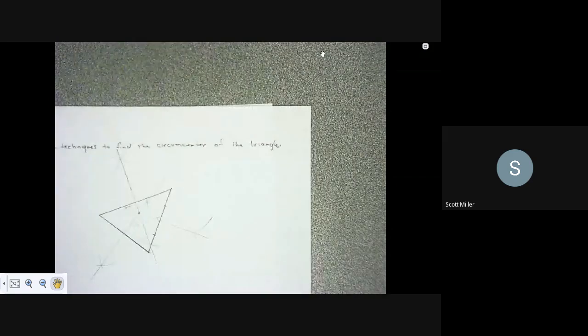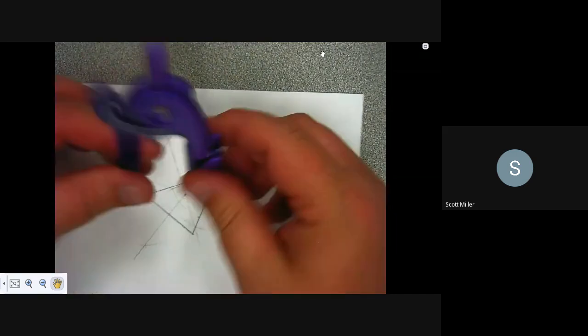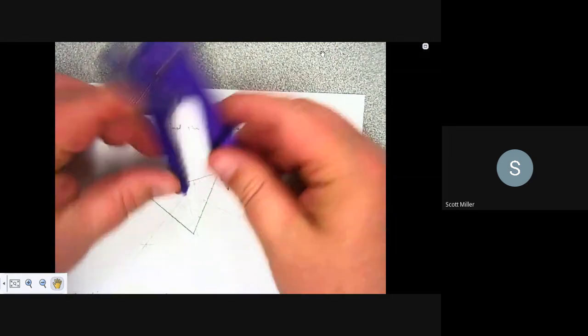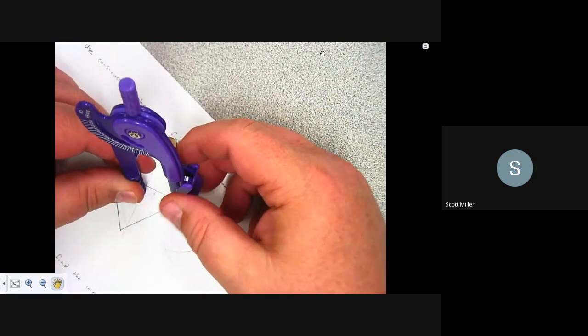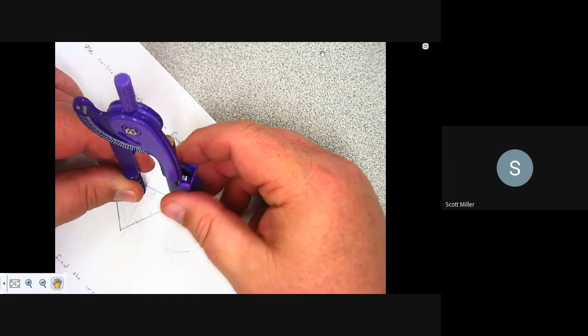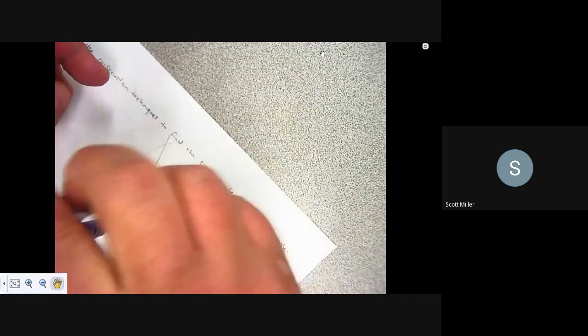With that, I can use it as the center of the circle, and then use my compass to go from the center to the corner. This will also be off a little bit just because you can't get it exact, and I understand that. When you're asked to draw these things, you might have a little bit of a gap.